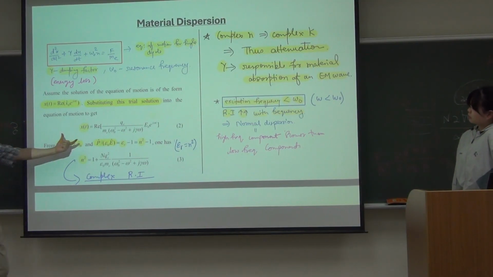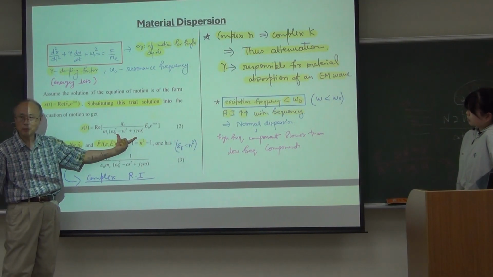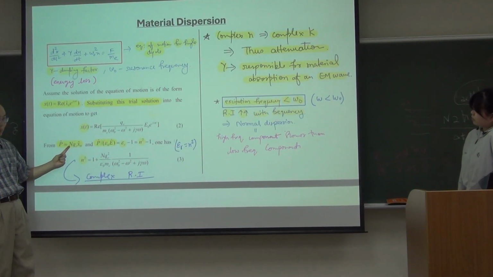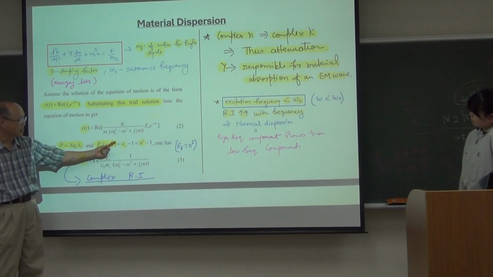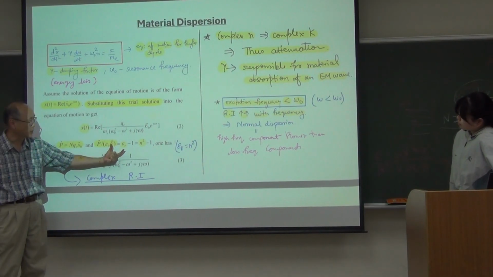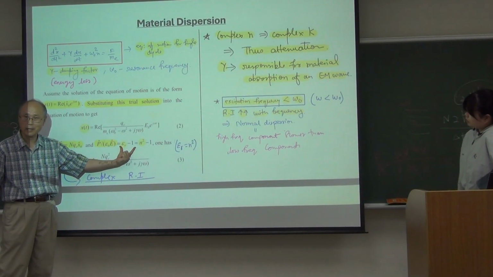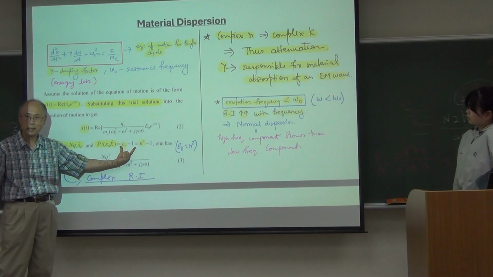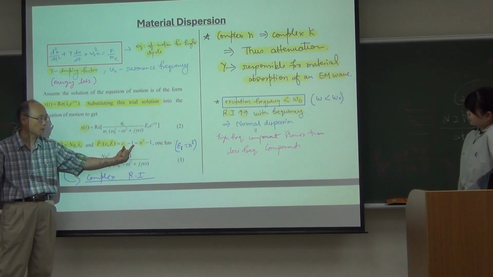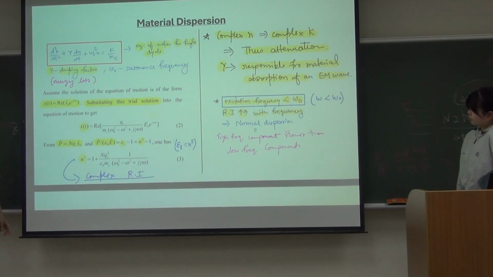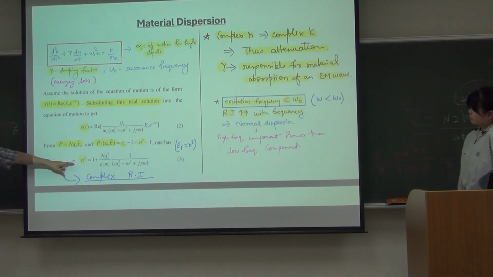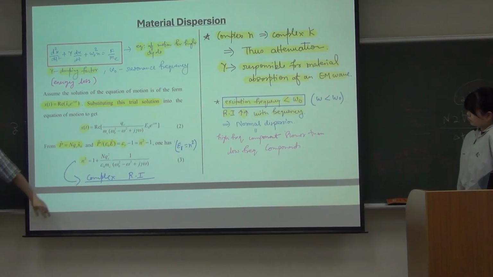So this is for a single dipole, and then for many dipoles, you use this relationship to get chi. Chi is epsilon r minus 1. The epsilon r is the square of the refractive index. So your refractive index becomes this expression.